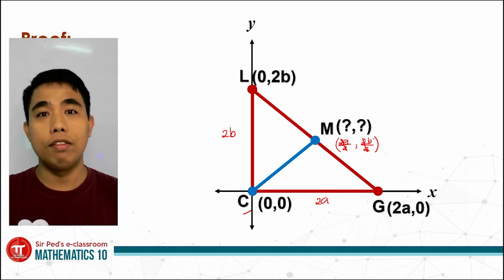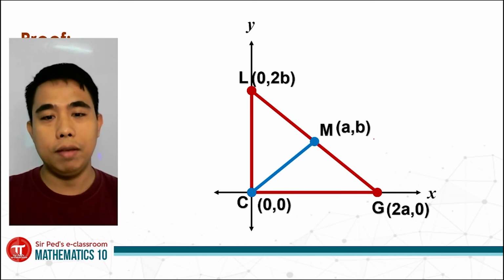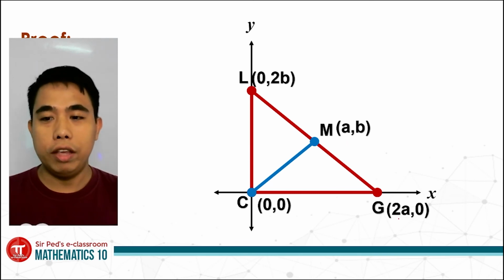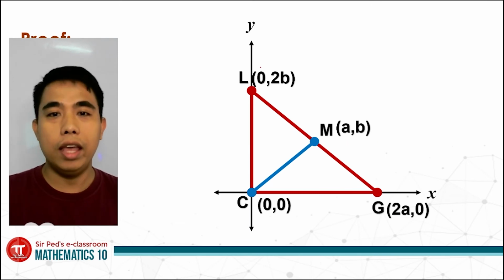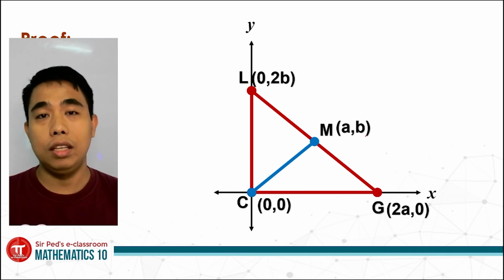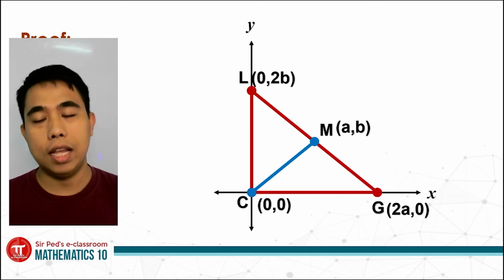So the coordinates of M will be (a, b). Now, yun yung purpose natin para hindi mag-fraction. If we consider this as a and the coordinates of L will be (0, b), then mag-fraction tayo. Magiging 1/2 a to, 1/2 b din ito. So, yun yung purpose natin.